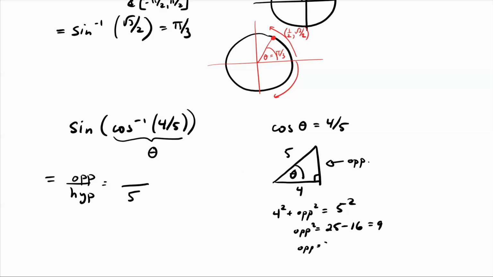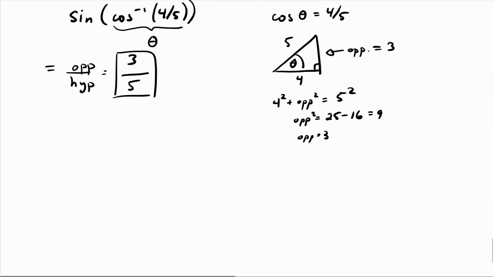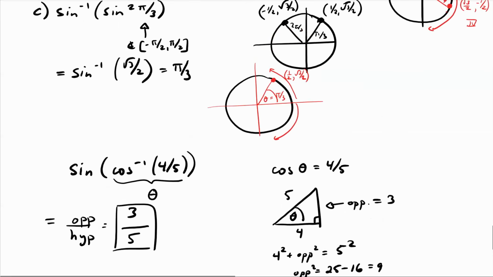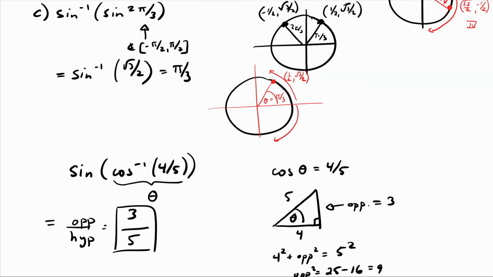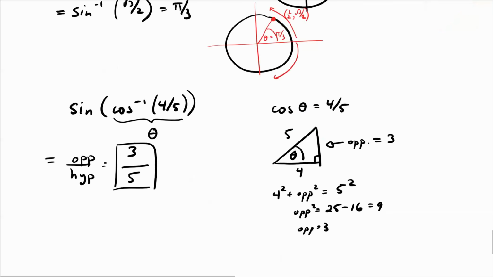That makes the opposite side equal to 3. So I get that my sine is 3/5, without even using my calculator. Of course, you can check this with your calculator. You should get 0.6 for your answer. So that's a cool way of evaluating the sine of an inverse sine or cosine using a triangle.